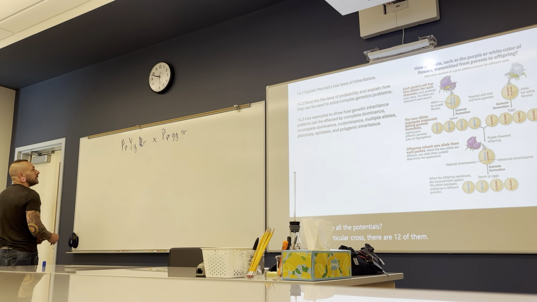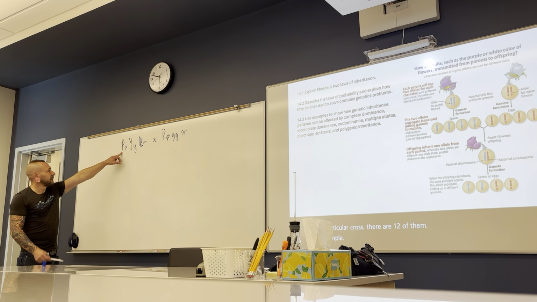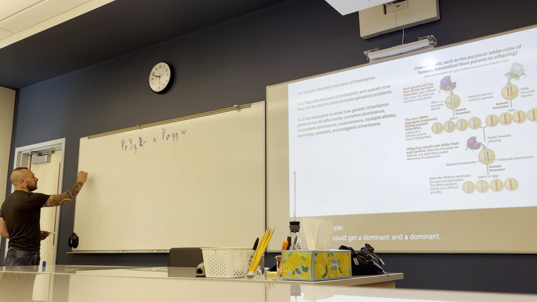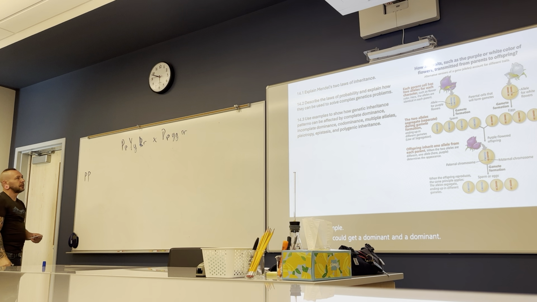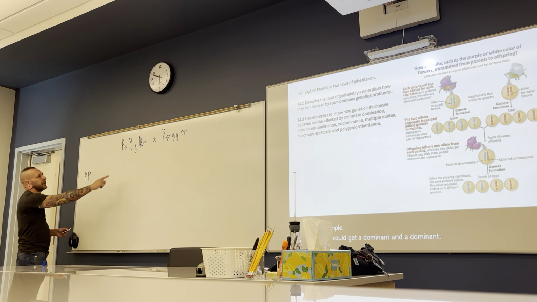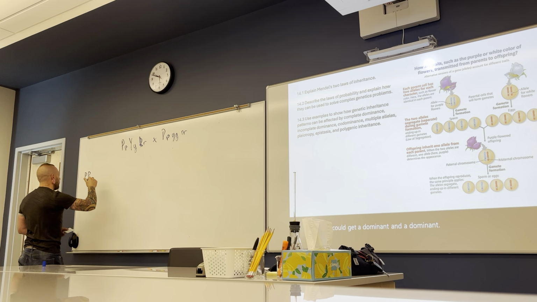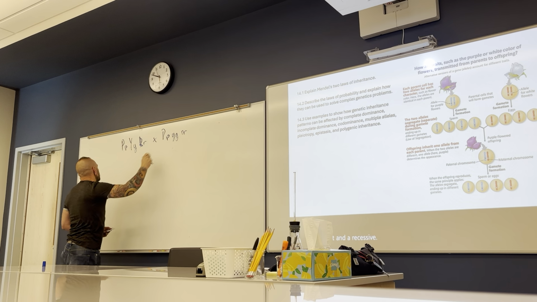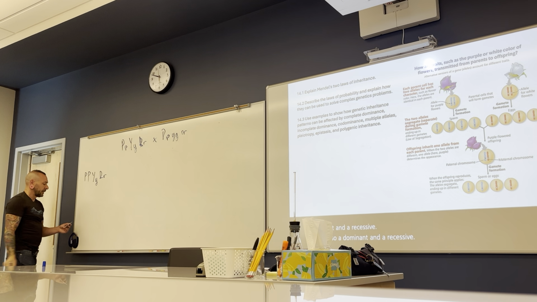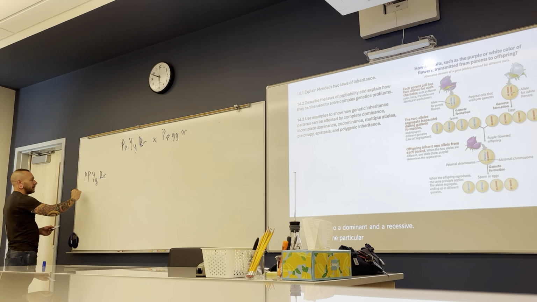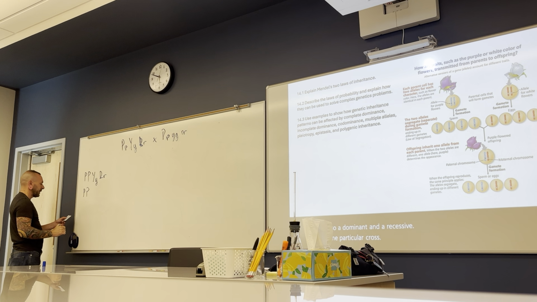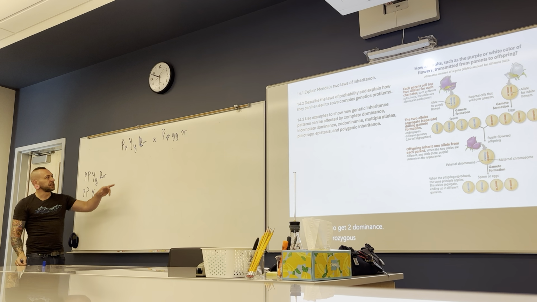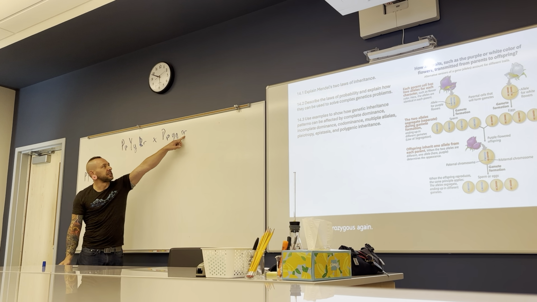So for example, we could get a dominant and a dominant, with a dominant and a recessive, and also a dominant and a recessive. So that's one particular cross. We can also get 2 dominants, heterozygous again, but we can also get a recessive from both of those.